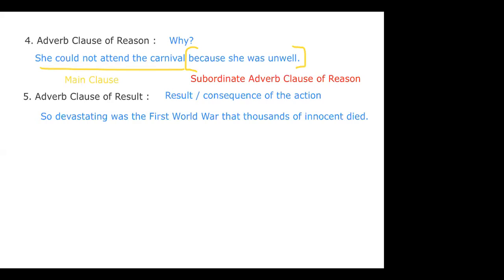So devastating was the First World War. This is my main clause. What was the immediate consequence of the action? If it was so devastating, the consecutive action was that thousands of innocent died. And hence, this particular thing becomes my subordinate adverb clause of result.